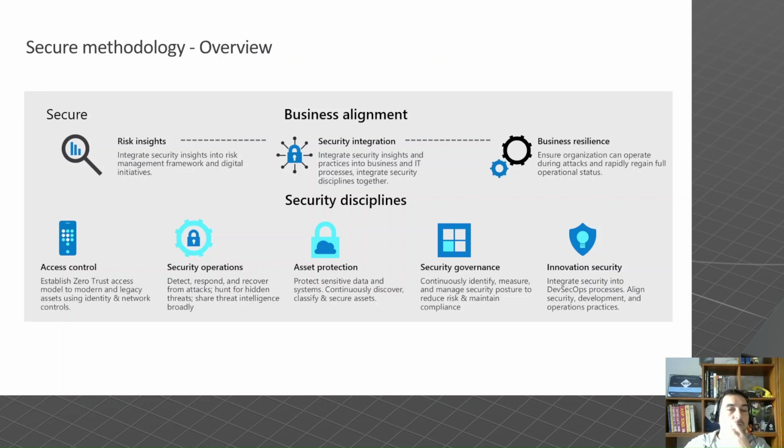And then the third pillar would be business resilience, right? Whatever form of attack happens against the organization, we either continue working or we can rapidly get to full operational status, right? As far as the discipline goes, we have the access control based on the zero trust, we have the security operations: detect, respond, and recover, hunting, right?